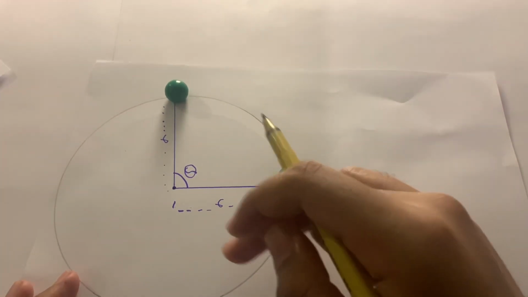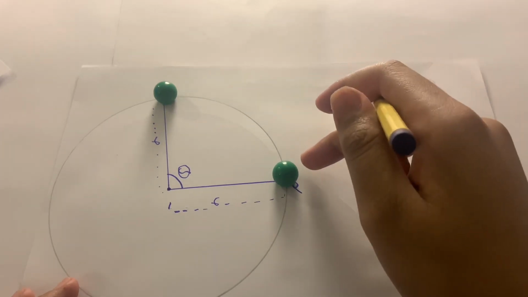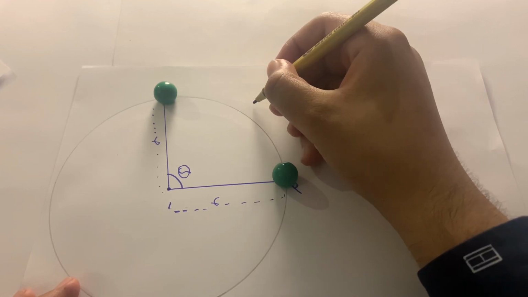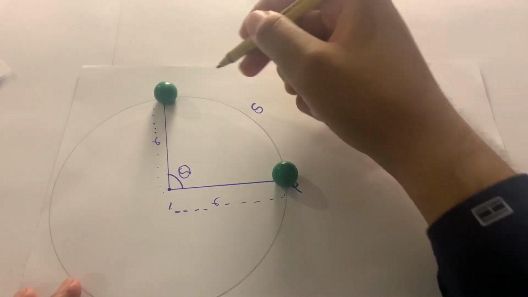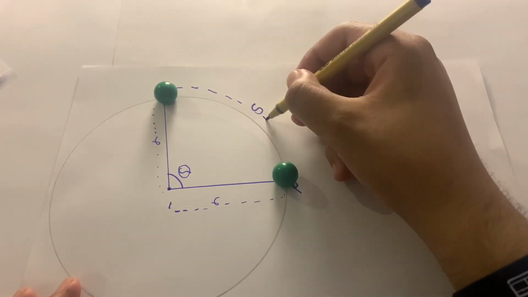We will also calculate the displacement from this position to this one, which is the arc length. We will denote this by the letter S.